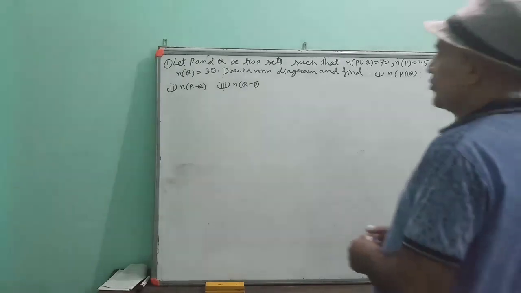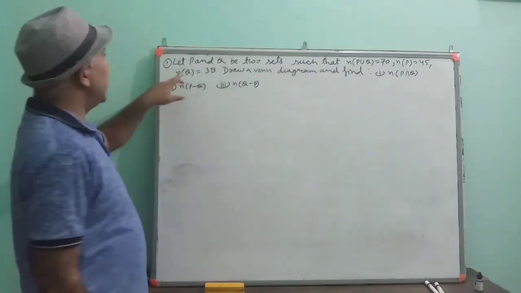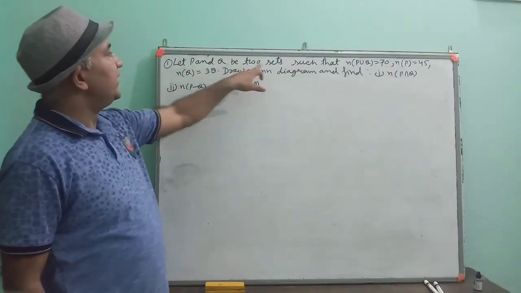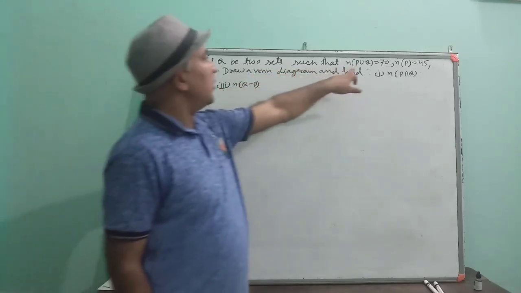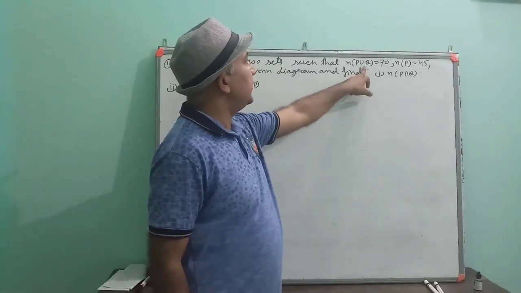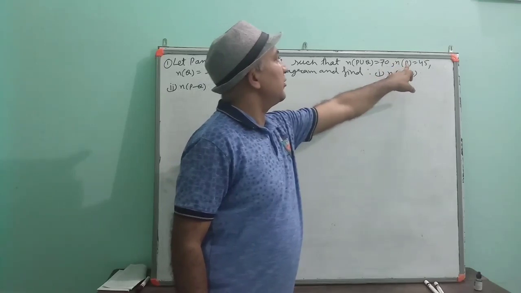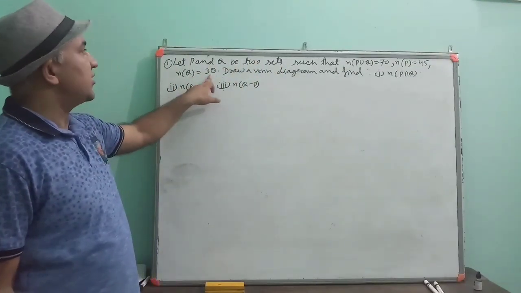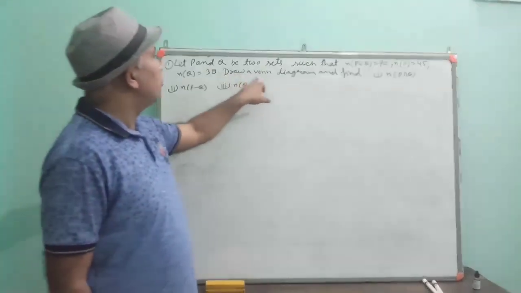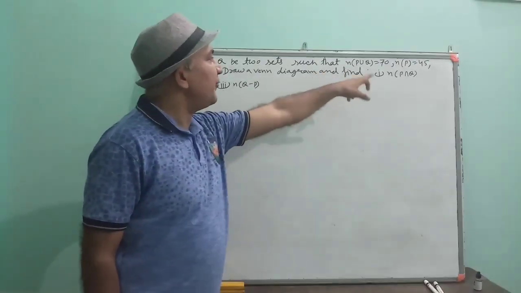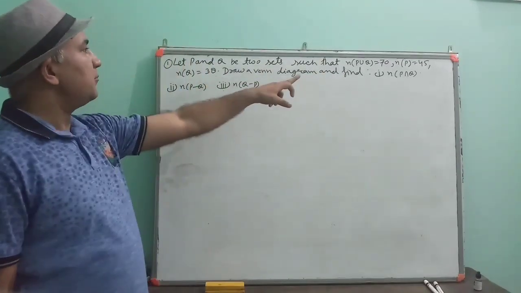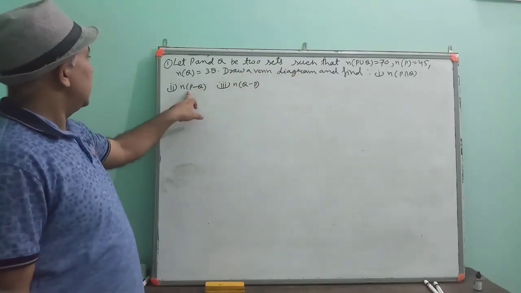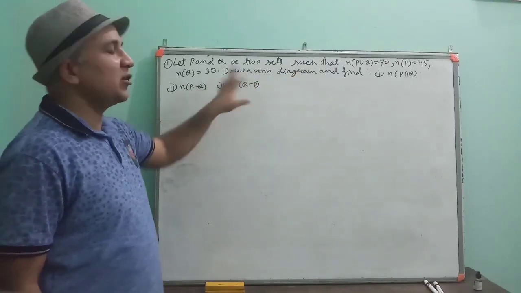Okay, now see this question. Let P and Q be two sets such that cardinal number of P union Q is 70, cardinal number of P is 45 and cardinal number of Q is 38. Draw a Venn diagram and find n(P intersection Q), n(P minus Q) and n(Q minus P).